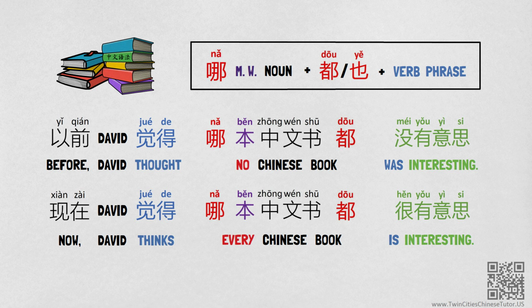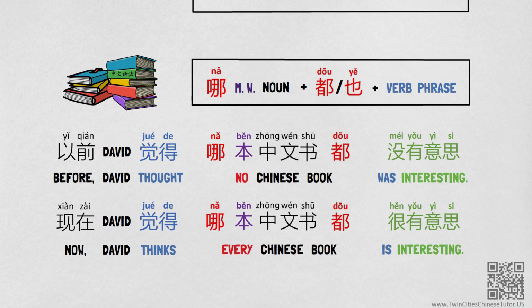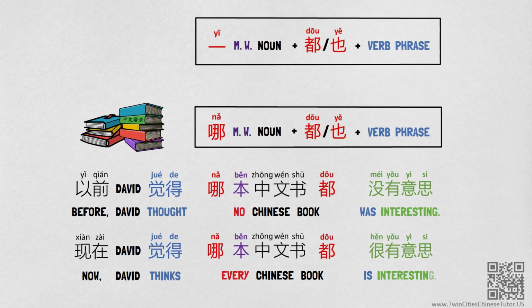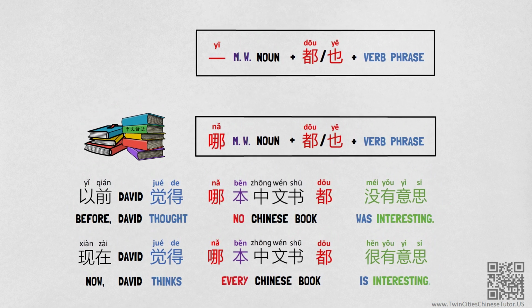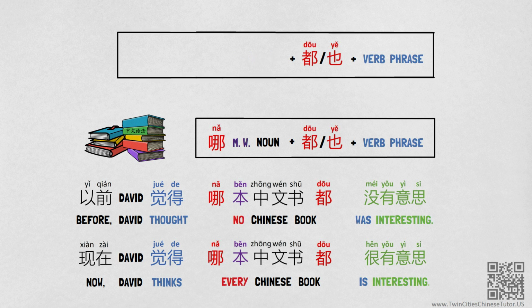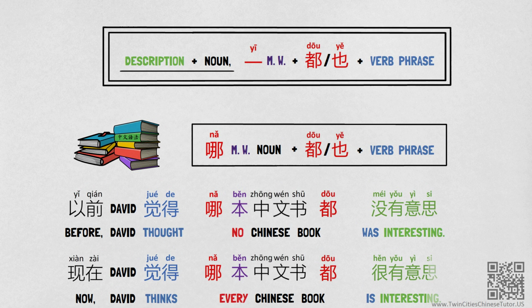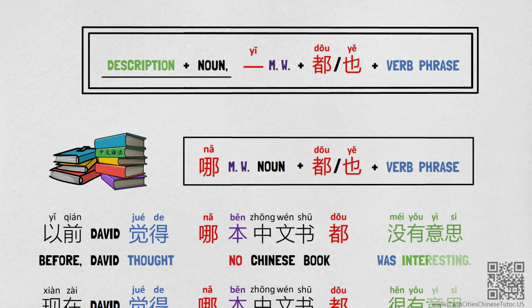Now, let's talk about the second twist of using 哪 in this pattern. As discussed in the Not Even One video, when a sentence runs long, we can move the noun to be emphasized to the front of the sentence along with its description, while the measure word used stays in front of the verb phrase. The same maneuver can be applied here as well.